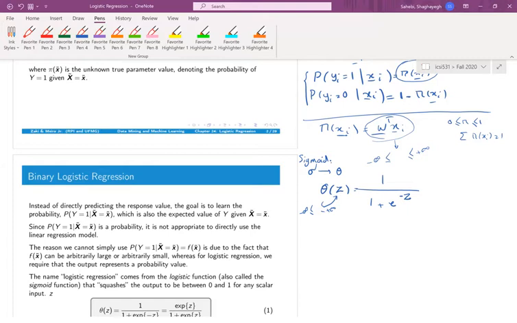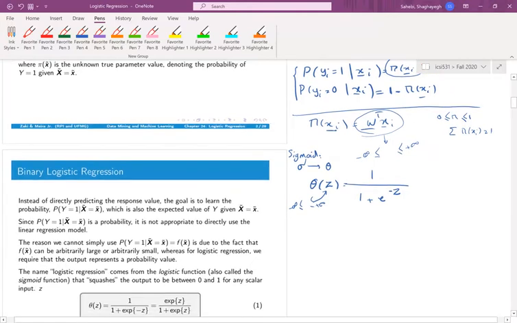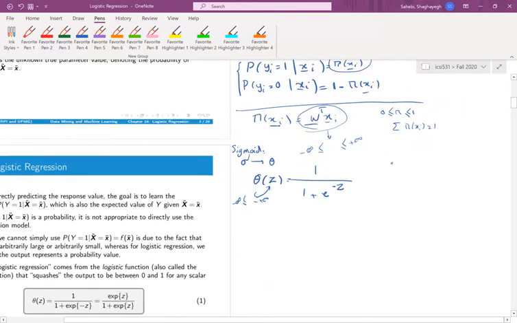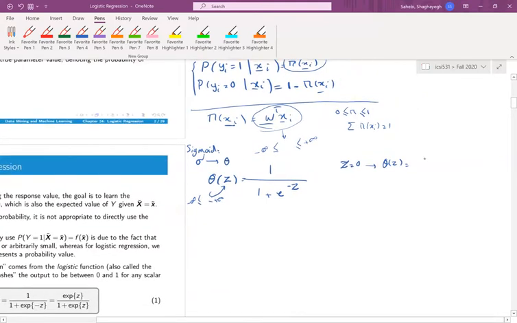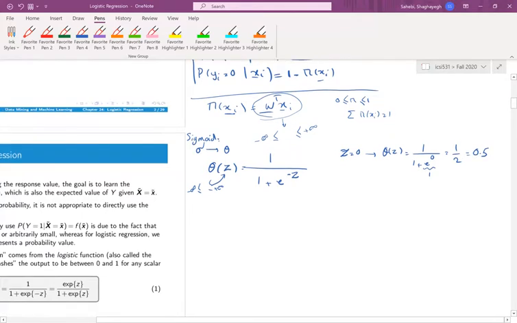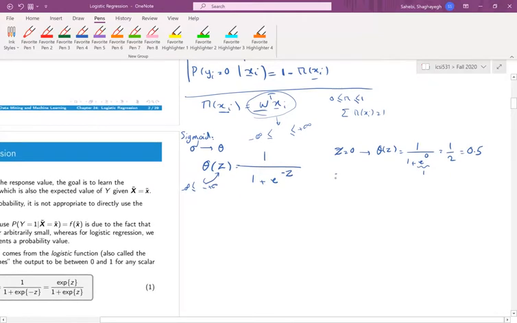Let's look at the extremes of z here. So if my z is equal to 0, what do I get? Theta of z is equal to 1 over 1 plus e to the 0. This is 1, so it's going to be 1 over 2, equal to 0.5. Okay, so if z is 0, we get 0.5 out of the sigmoid. If z is minus infinity, let's see what happens.